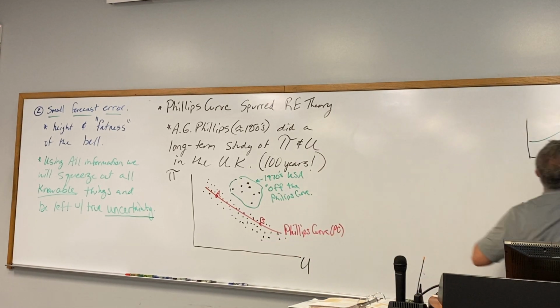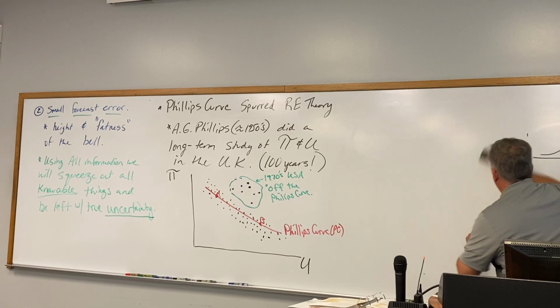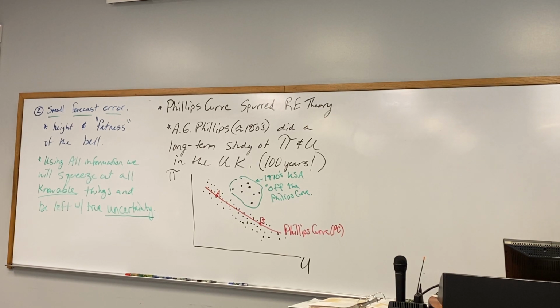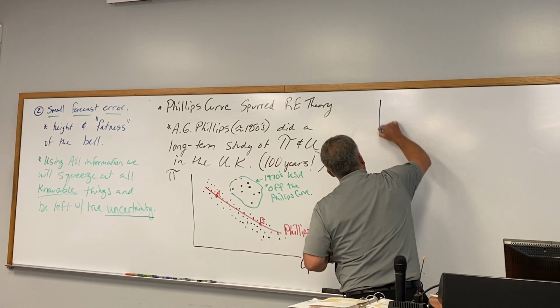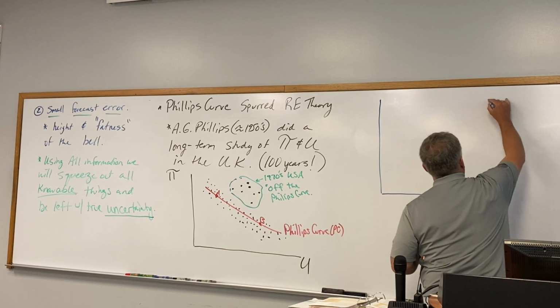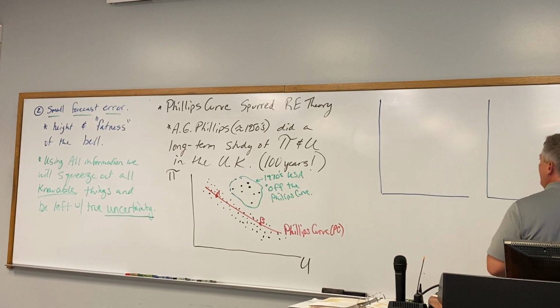Okay, so now we're going to use this rational expectations theory to explain that. So now we're going to draw two graphs side by side. You do have to know this for the final exam.